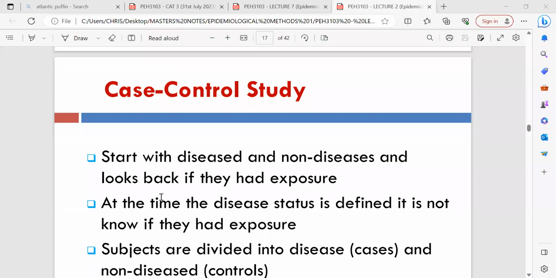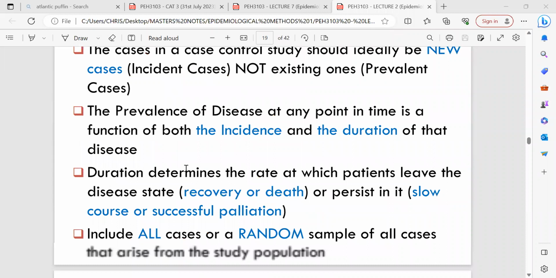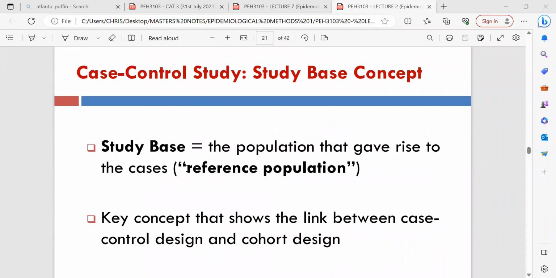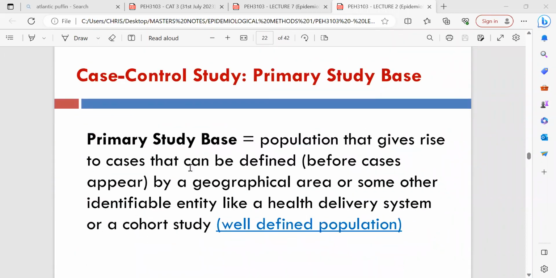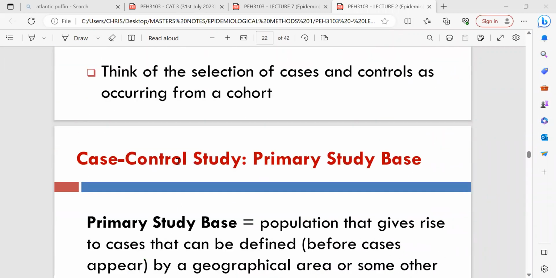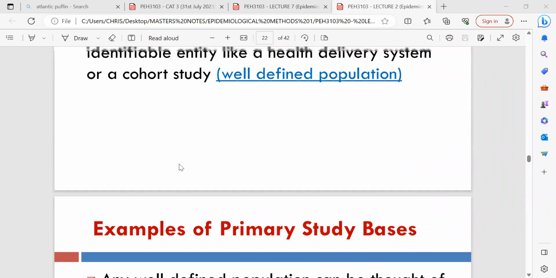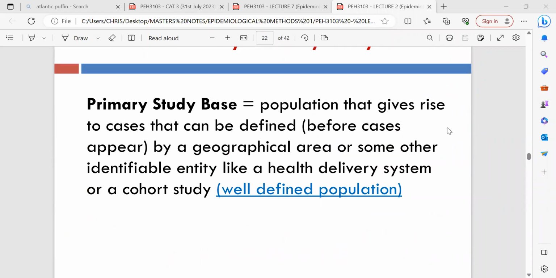So we have different types of case control studies. Did you use a secondary study base or a primary study base?